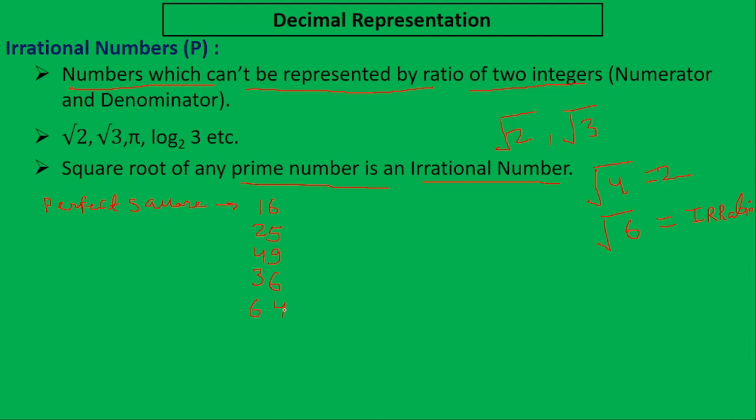16, 25, 49, 36, 64, these are perfect squares. So the square root of 16 is 4, of 25 is 5, of 49 is 7, of 36 is 6, of 64 is 8.